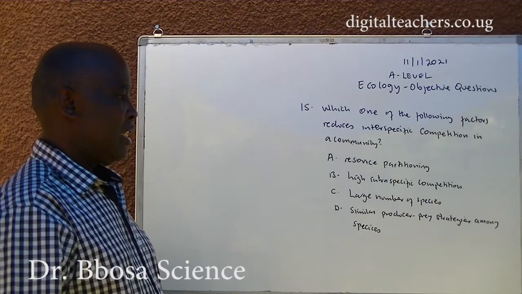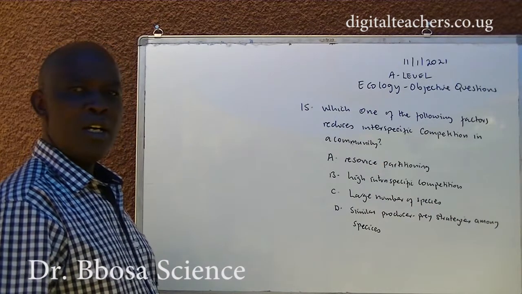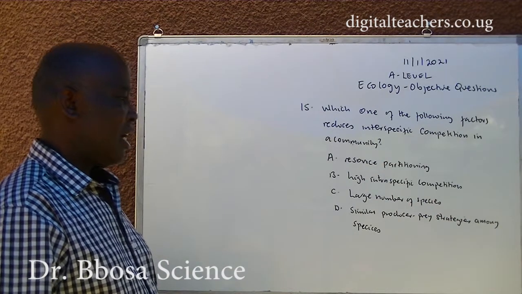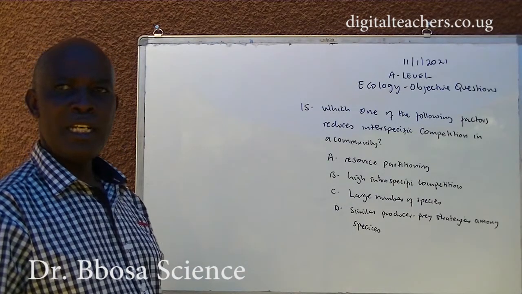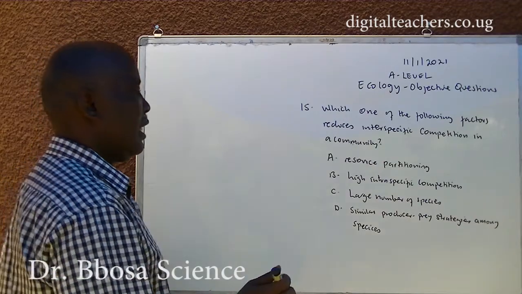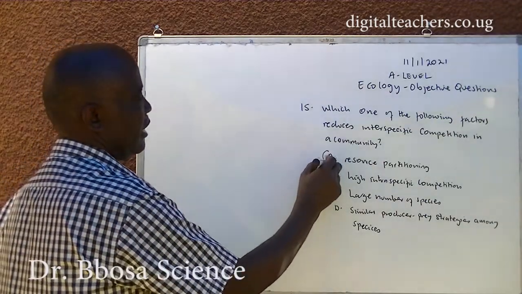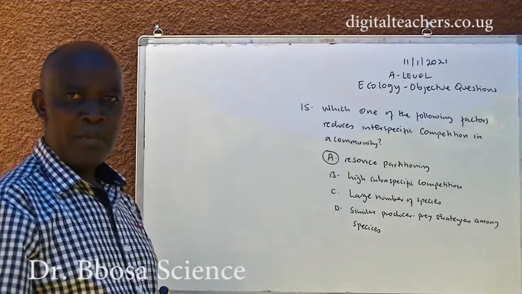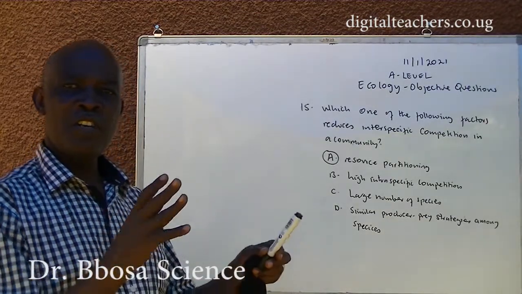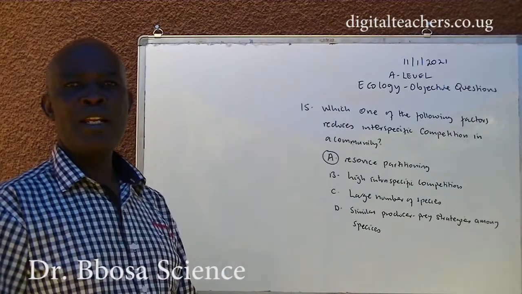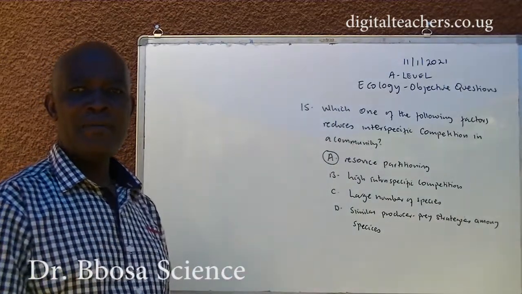D. Similar feeding strategies among species. You can pause and answer. The answer is A. Resource partitioning means that each species feeds on different food or from a different area.